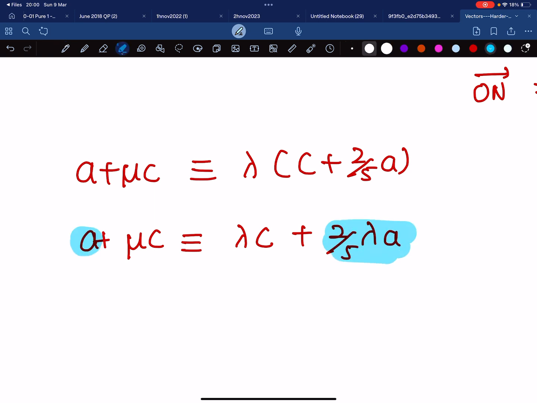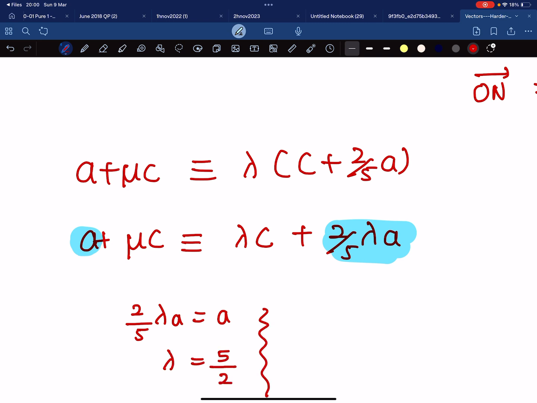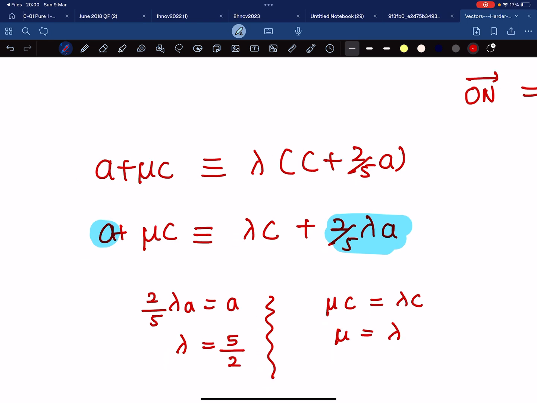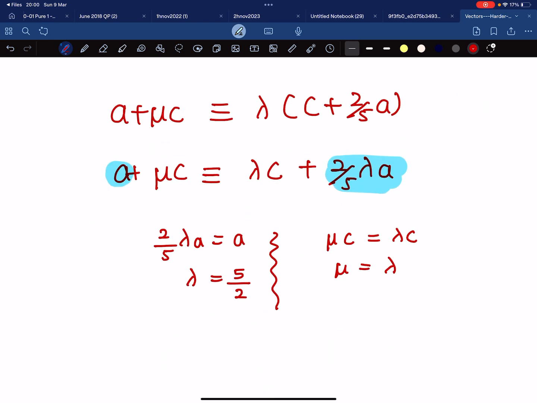How many A's do I have on that side? 2/5 lambda A. So I'm going to equate that, and then I'm going to say lambda is 5/2. And how many C do I have on this side? Mu C equals lambda C. So mu is equal to lambda. Now, because mu is equal to lambda, and I've calculated the lambda, lambda is 5/2. Mu is going to be 5/2 as well.